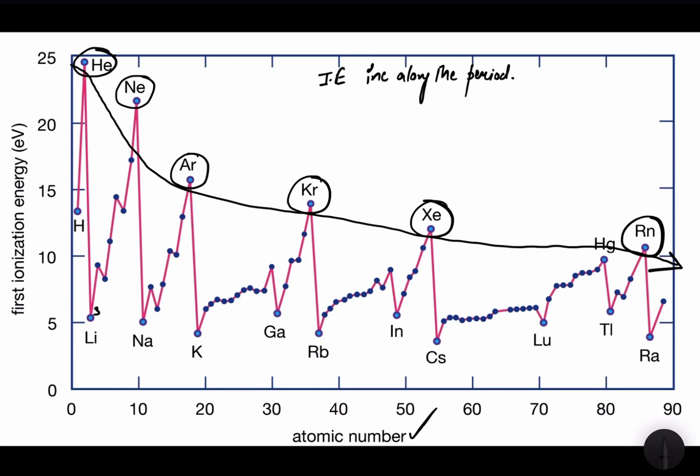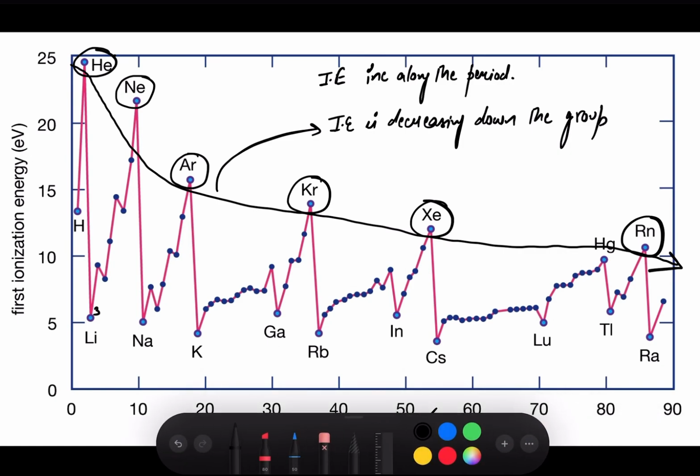You can easily observe that ionization energy is decreasing down the group, and you can easily observe the maxima for the ionization energy in case of any period is for the noble gases.